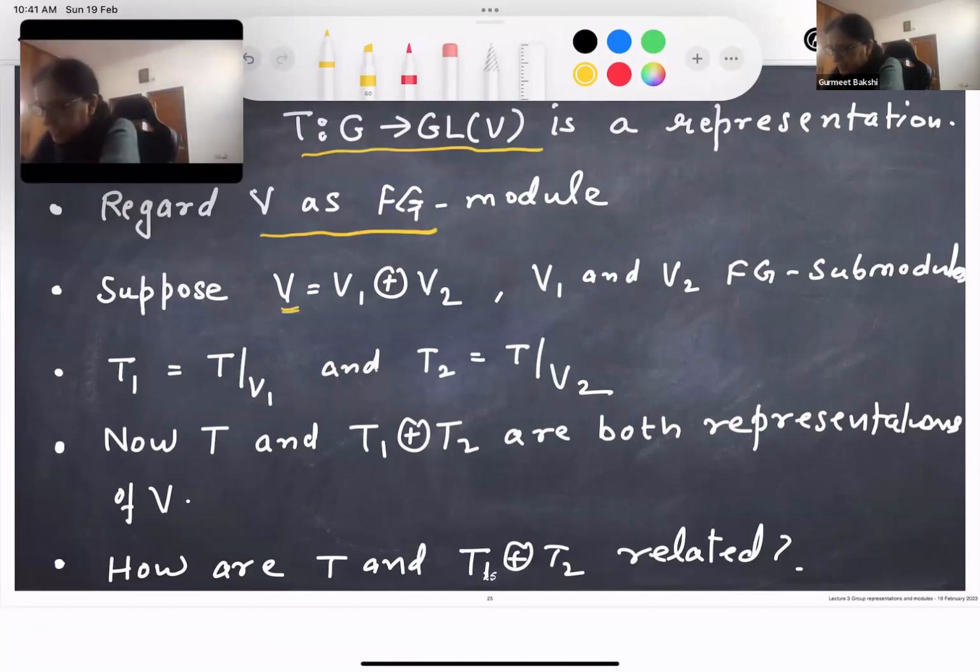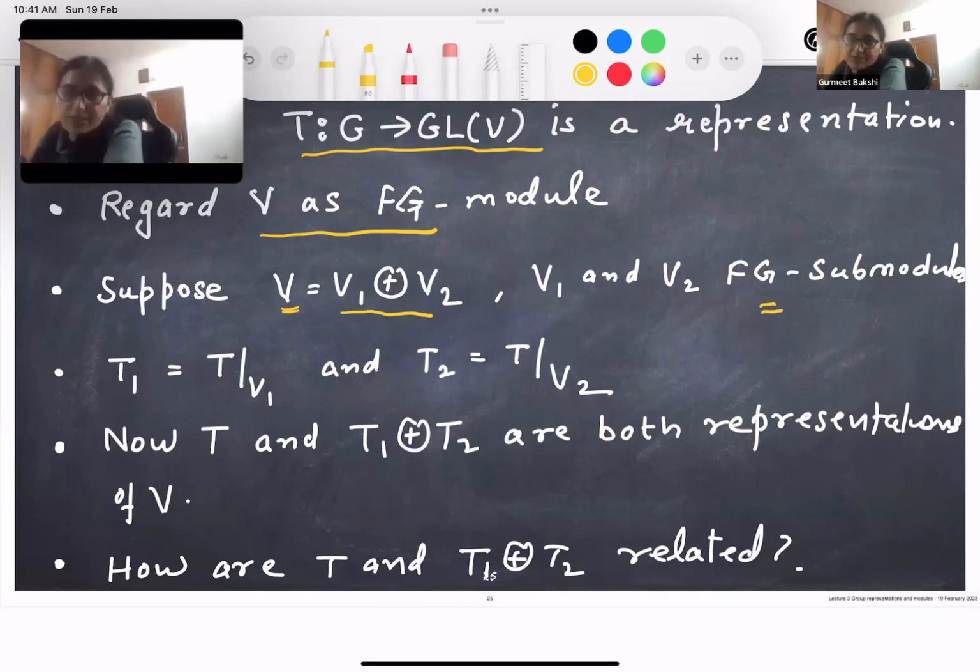Suppose I can write V as a direct sum of two submodules. Now you look at T1, because V1 is an FG submodule of V. So V1 is a T invariant subspace.